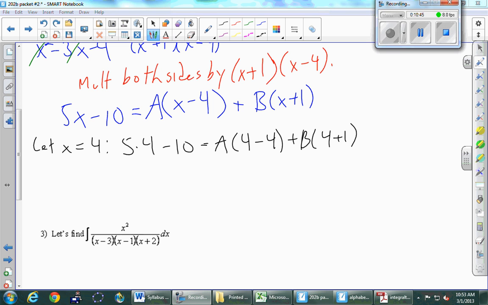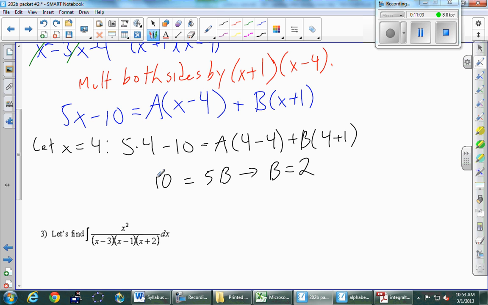All right. So we're going to solve this equation right here for B. So let's find B. What do we get on the left-hand side? 5 times 4 minus 10, 10, equals no A's plus 5 B's. So B is 2. Everybody okay with that?